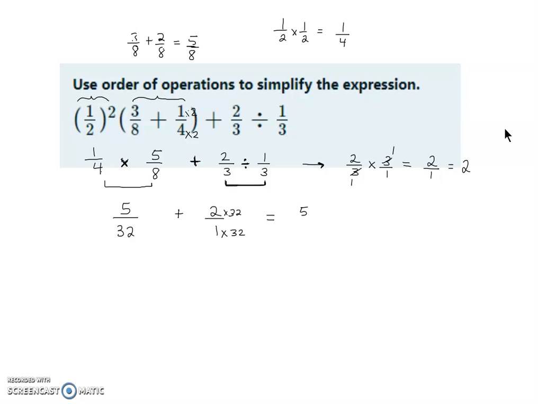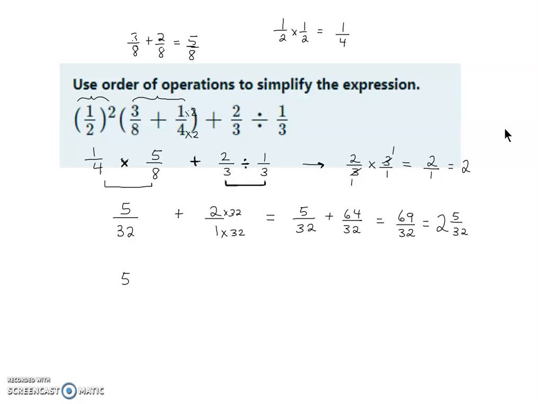So this would be 5/32 plus 64/32. And that means we're going to have 69/32. And then we go ahead and change this to a mixed number. So 32 goes into 69 twice. That makes 64. So we have 5 left over out of 32.